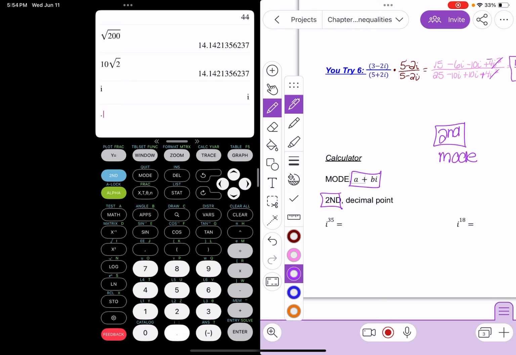So second, decimal point, and then the caret, which is up above the division, 35. It gives you this really big thing, or yours might just say negative i. It's really saying 0 minus i. Depends on how well your calculator processes the 0. Some of them are weird.